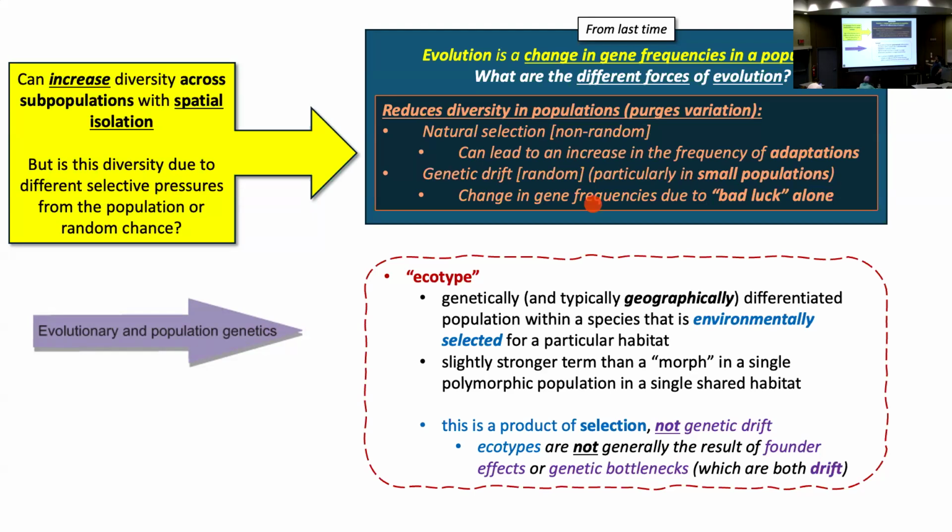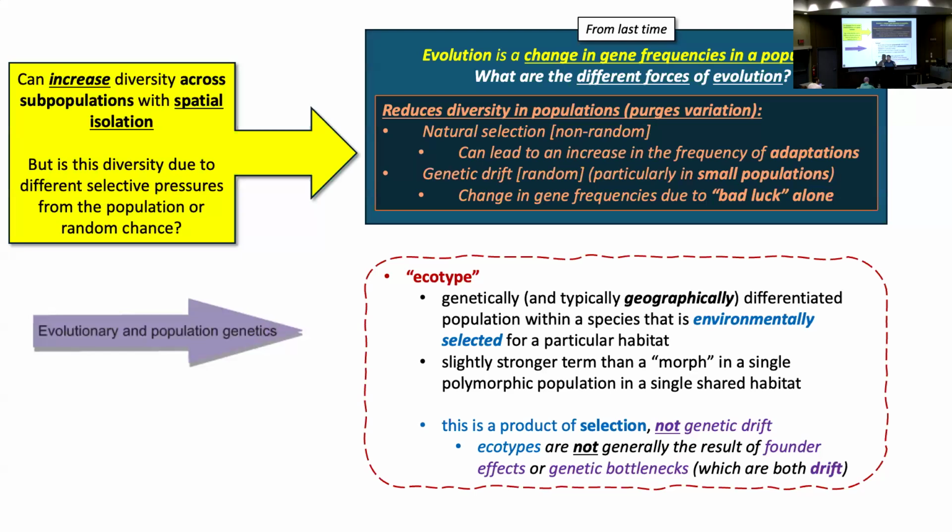So if we think about these two pressures up here, both of these can be related to spatial isolation. So I can take a population of alligators or something, and I can separate them so that they stop breeding together. And now I have two separate populations. Now, it happens to be that this population over here has a lot more sunlight than this population over here.